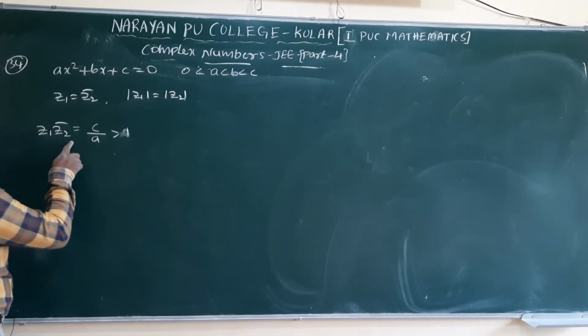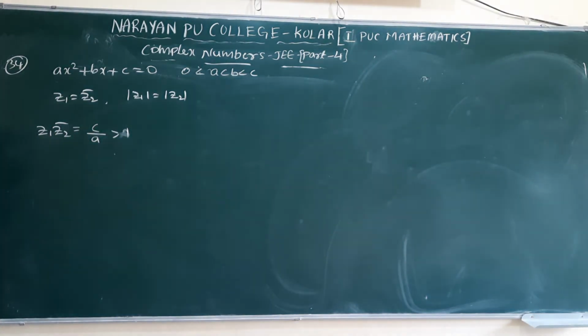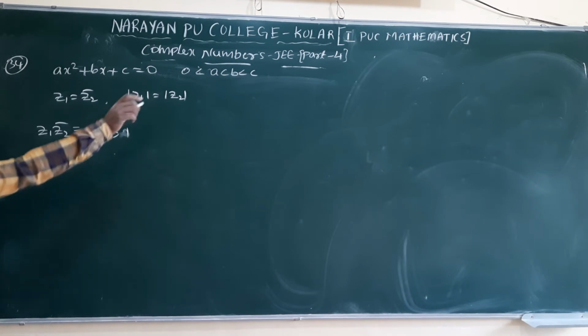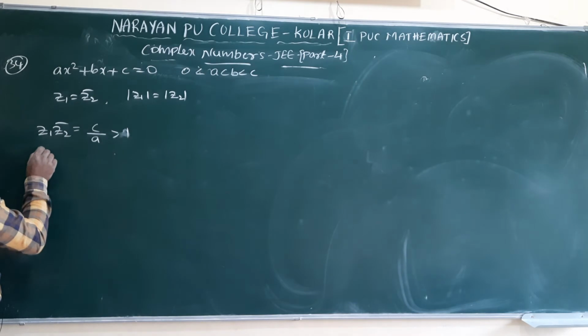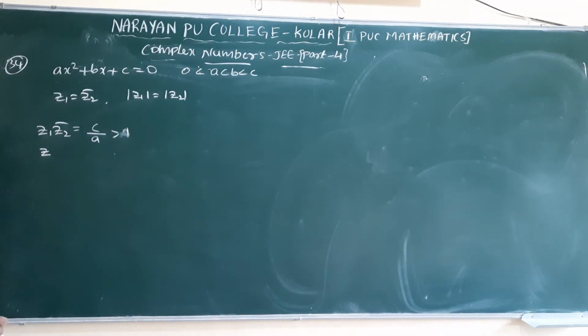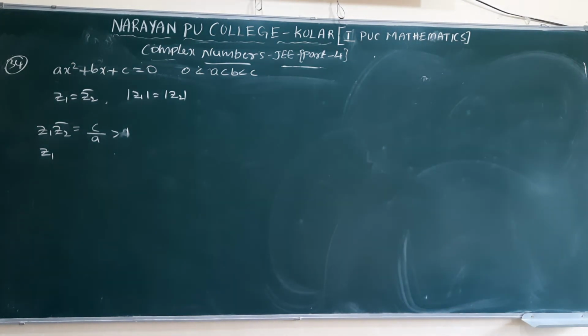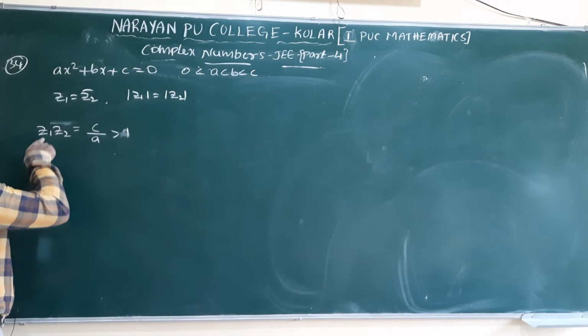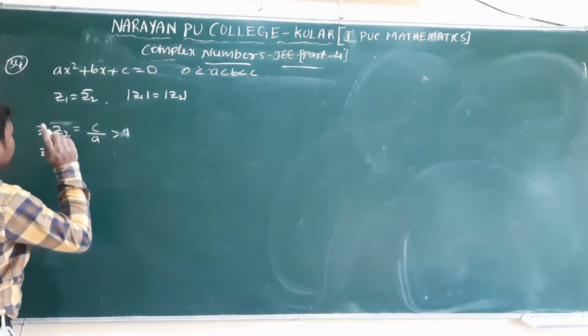The product of roots, z1 into z2, is equal to c by a, which is greater than 1.